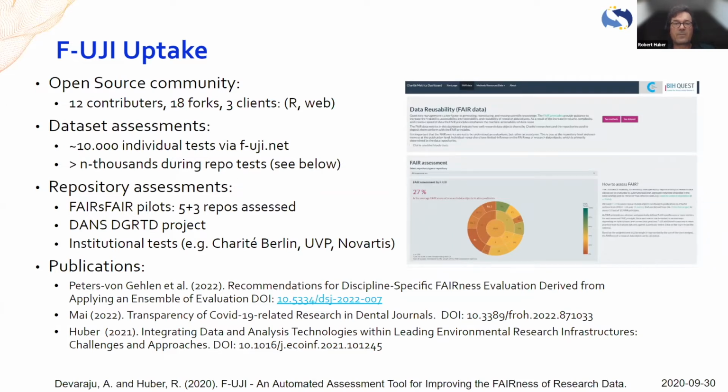We have 3 clients now. One is delivered by the project FAIRsFAIR, and 2 others are from outside. There's an R client, for example, developed by a team from the German National Research Data Infrastructure, the NFDI.